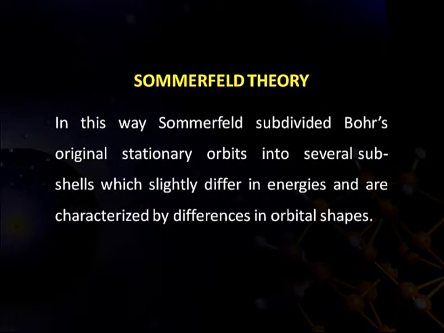In this way, Sommerfeld subdivided Bohr's original stationary orbits into several subshells which slightly differ in energies and are characterized by differences in orbital shapes.